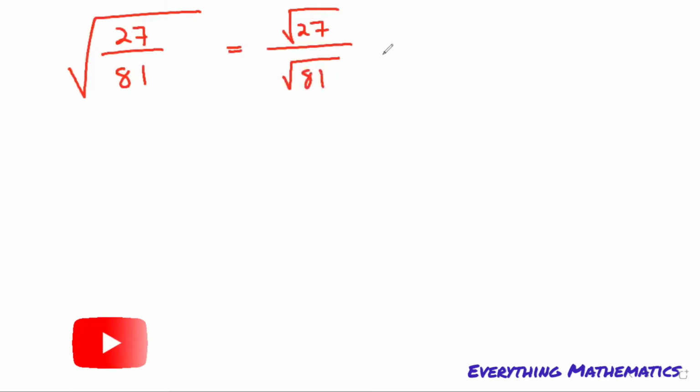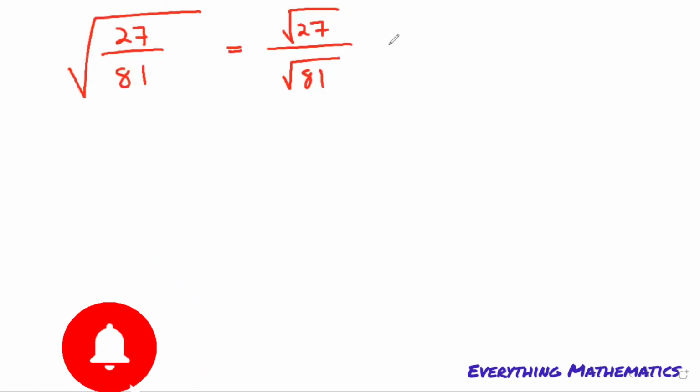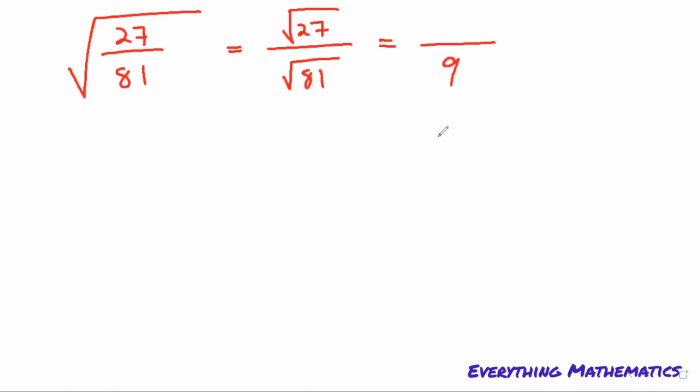From here, we could see how best we could simplify. Well, I know that 81 is a perfect square. The square root of 81 is actually 9, because 9 times 9 will give us 81. So that makes our life downstairs a little easier.